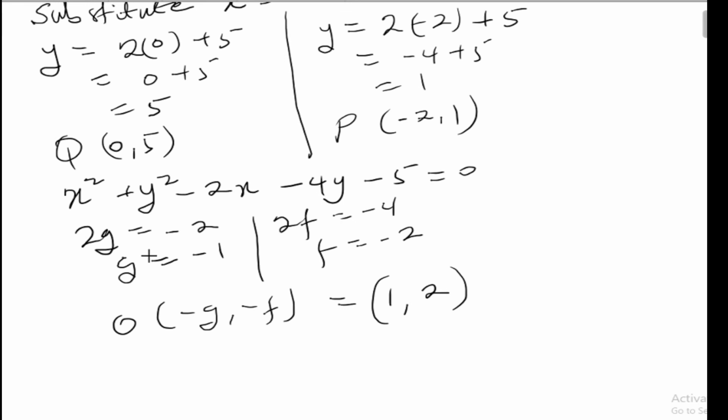So we are going to find the gradient of the line segment PO, then we find the gradient of the line segment QO. After that, we multiply the two to see if it will give us -1. If it does, we conclude that the line segment PO is perpendicular to the line segment QO.